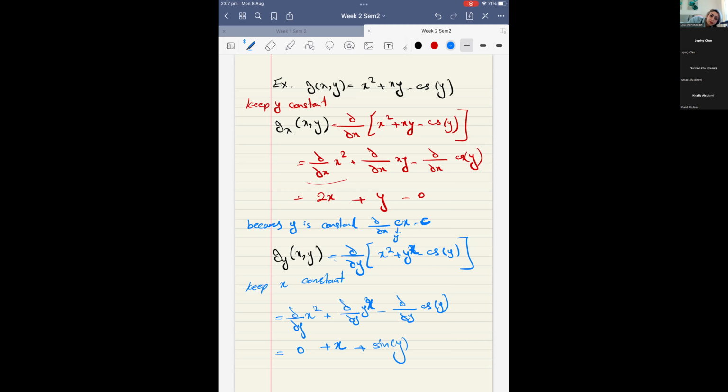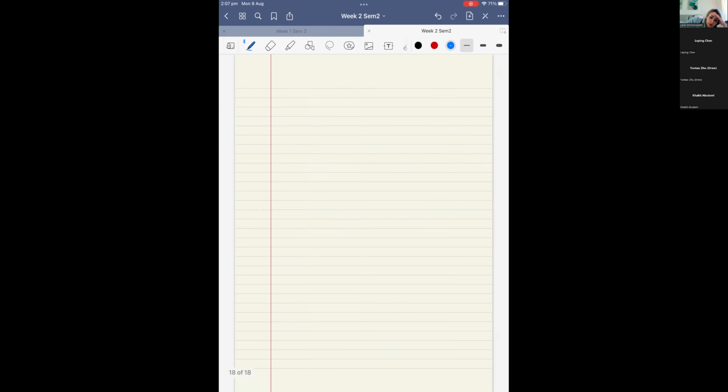Now, for higher partial derivatives. You know that f_x is partial of f with respect to x. And f_xx is the second derivative with respect to x.